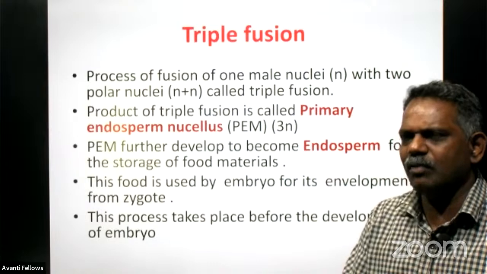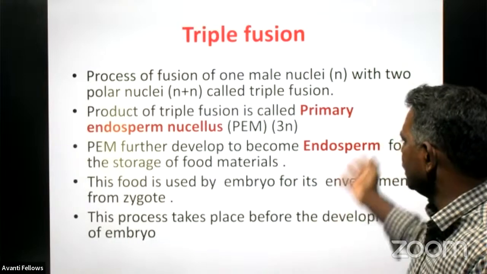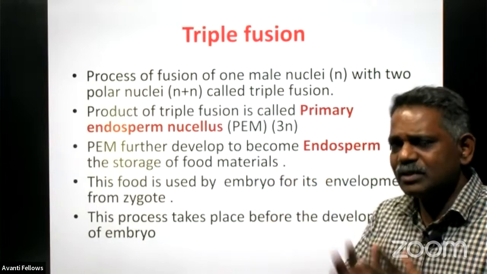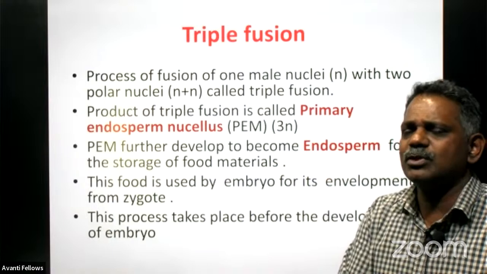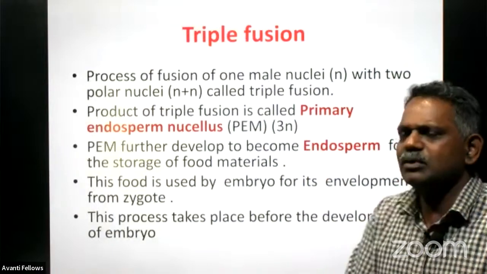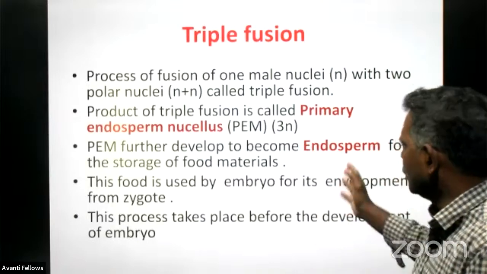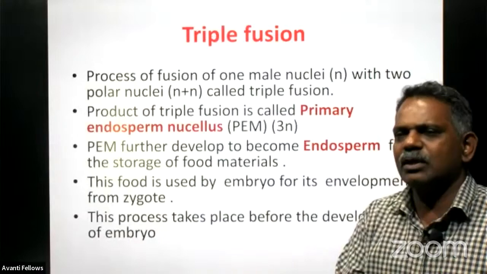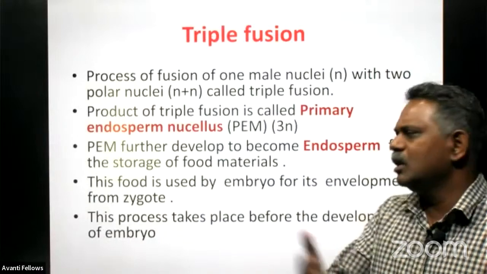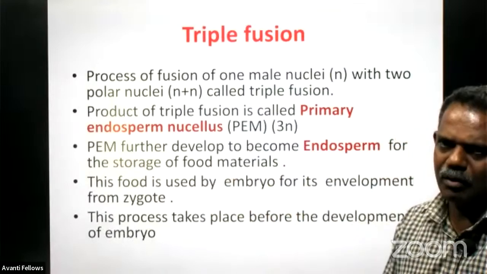First, immediately after double fertilization, the product of the triple fusion, the primary endosperm nucleus, undergoes development and produces endosperm and stores food material. After that, this food is utilized by the zygote to become an embryo.